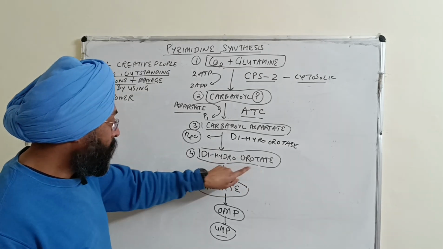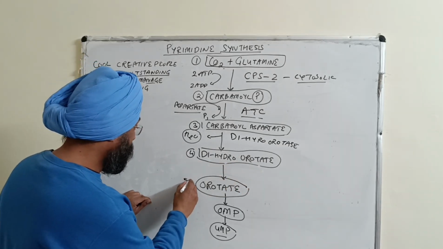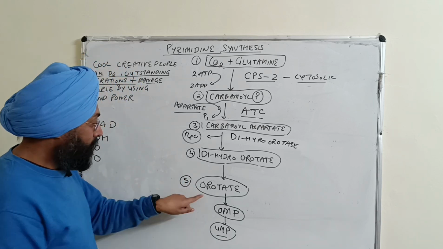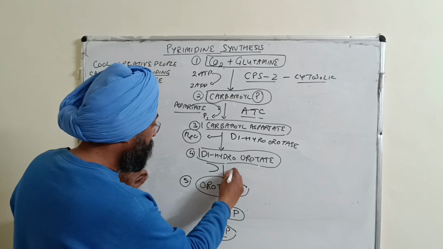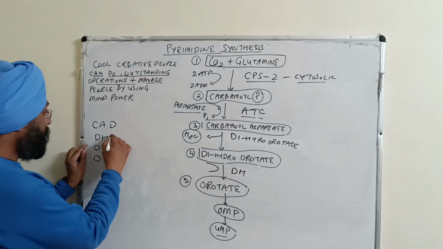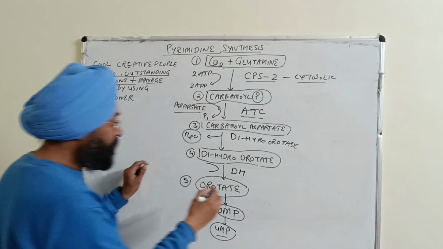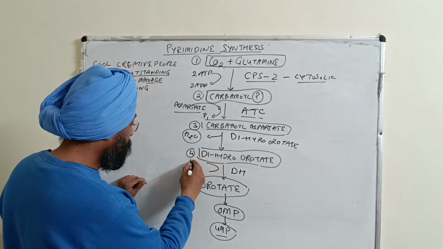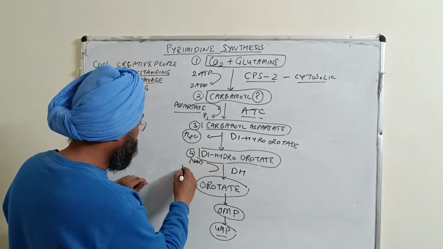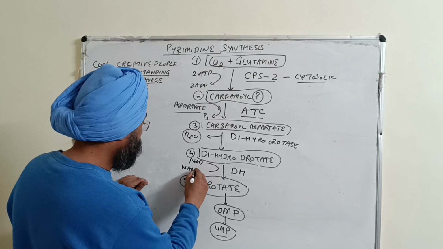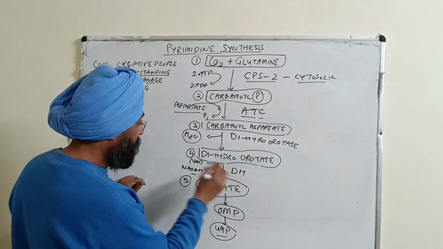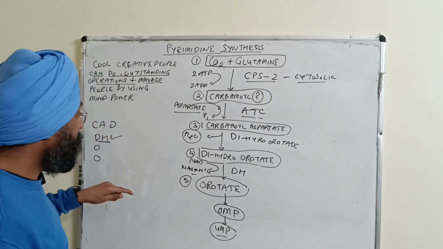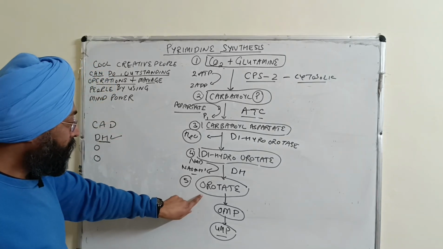And from dihydroorotate, we'll get our next product, that is our orotate, right? And orotate is formed by DH, our next enzyme, that is a dehydrogenase reaction. And here we use NAD, and this is converted to NADH plus H positive, right? Right. Fourth step is clear. And from dihydroorotate, we'll get orotate.